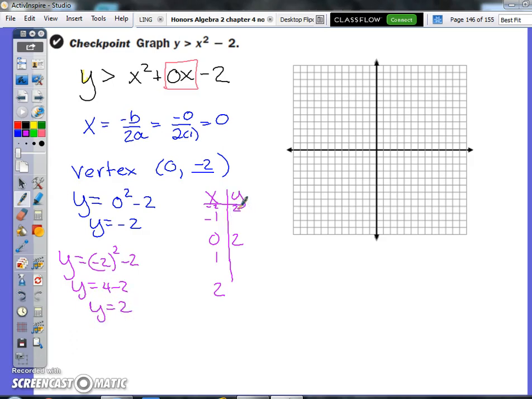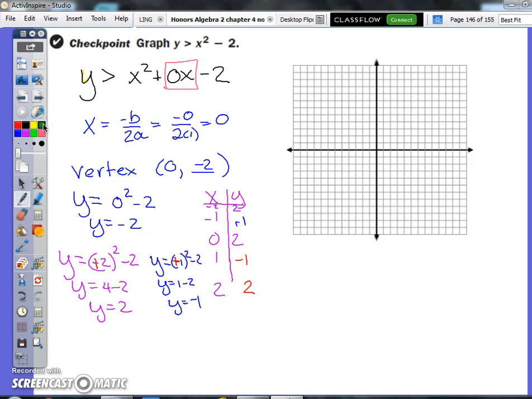Put in negative 1. Y equals negative 1 squared minus 2. Y equals 1 minus 2. Y equals negative 1. If I were to put in a positive 2, 2 squared is 4. 4 minus 2 is 2. If I were to put in a positive 1, positive 1 squared is 1. 1 minus 2 is negative 1.